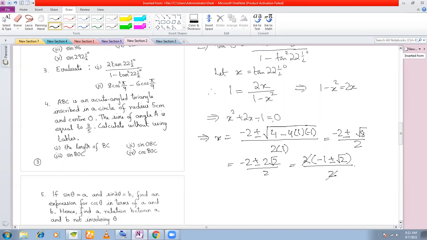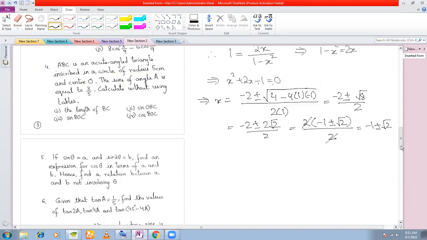Now see here, you are getting minus 1 plus or minus root 2. And the point is that here x is equal to tan 22.5 degree. Because tan 22.5 will lie in the first quadrant, this will be positive. So therefore, hence x is equal to tan 22.5. Now which of the signs are you going to choose?